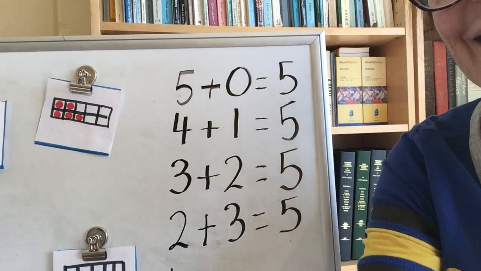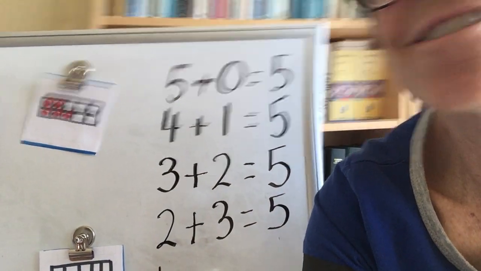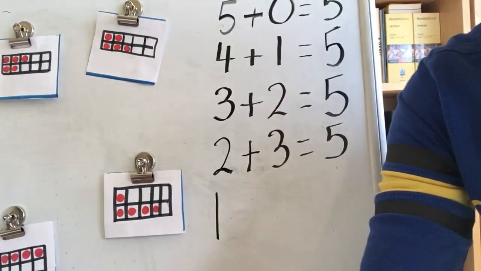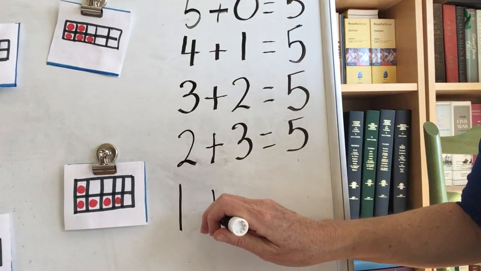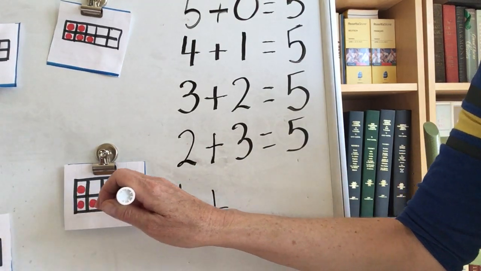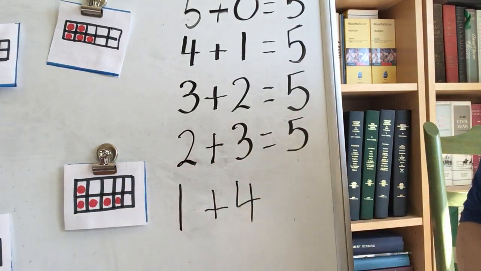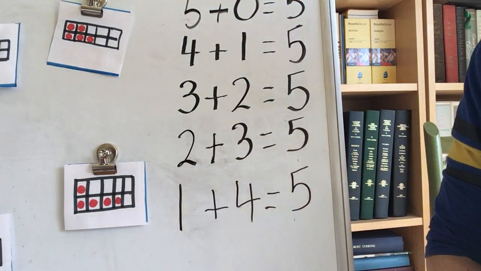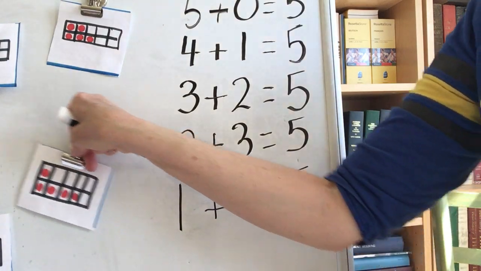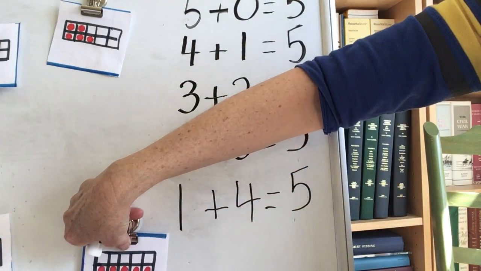And then let me go down a little further here. We've got 1 on the top plus 1, 2, 3, 4 on the bottom. What do you think 1 plus 4 equals? If you said 5, you're right. Last one. Here we go.